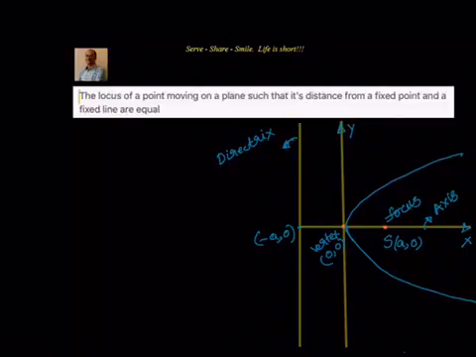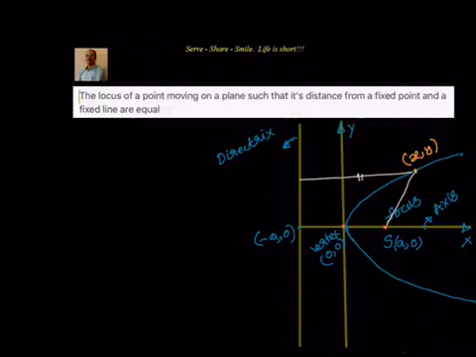Now let us take a point x comma y on the parabola. By definition, that point should be at equal distance from the focus and also to the directrix.